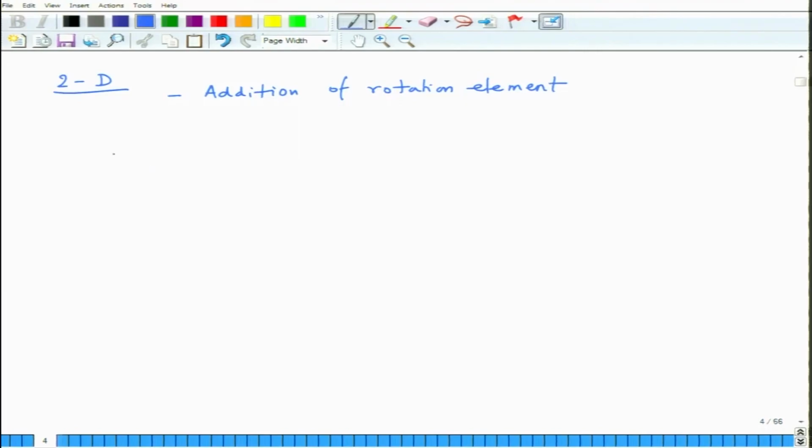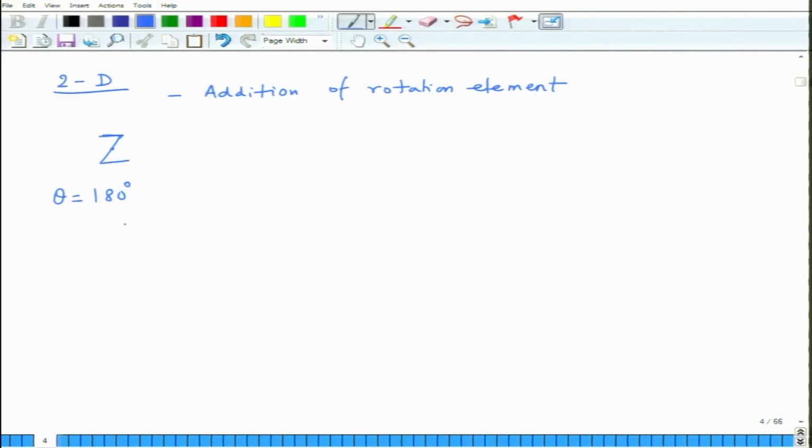For example, if I take this lattice Z, what is the rotation I need to provide on it to bring it into self coincidence? I need to rotate it by theta equal to 180 degrees. So, if I rotate around this point by 180 degrees, it will come into the same shape.